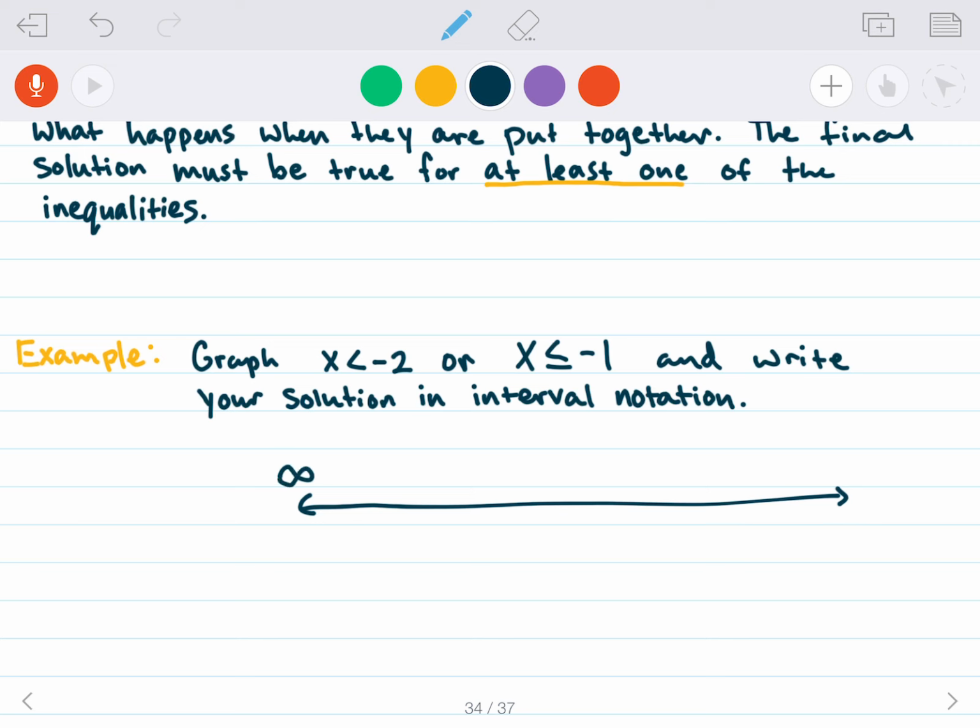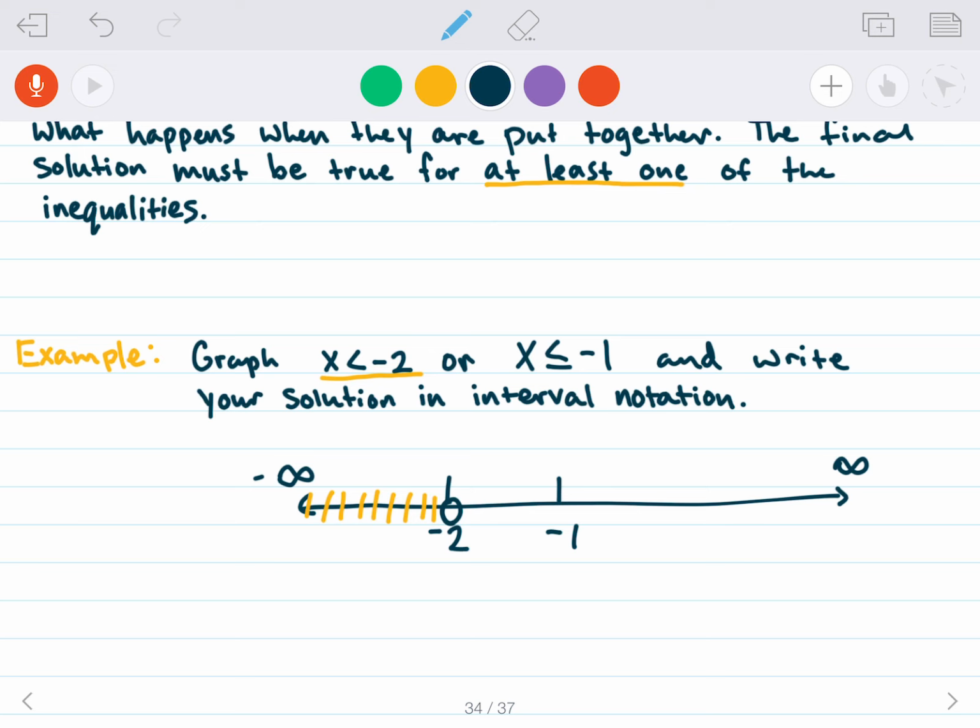Okay, so we have negative infinity, positive infinity, and then we have negative 2, and then negative 1 right here. Looking at the first one, x is less than negative 2, so that's going to be everything shaded to the left of negative 2, and then we have or x is less than or equal to negative 1.